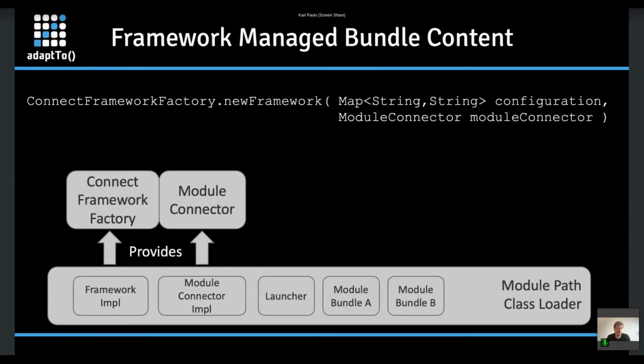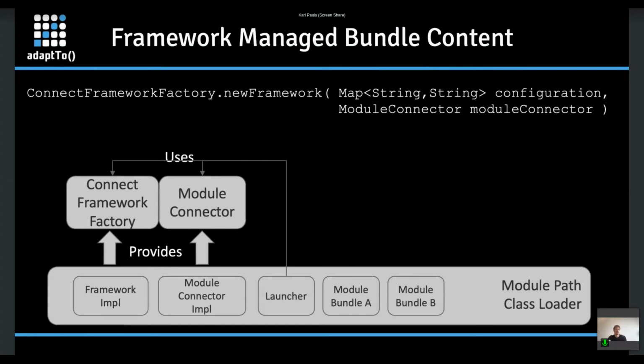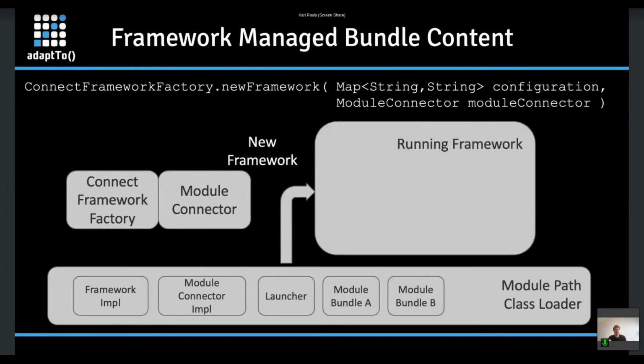So you would assume that there's a framework impl that provides the Connect framework factory and a module connector impl which provides the module connector by way of a service loader, for example, and a launcher that can find those two. And if it has those two together, it can create a new framework, calling new framework with the two, and it gets back a normal OSGi framework that works like it used to.